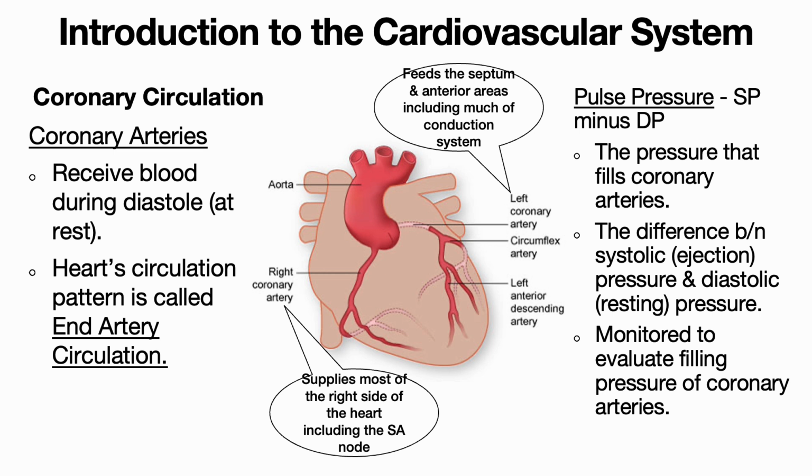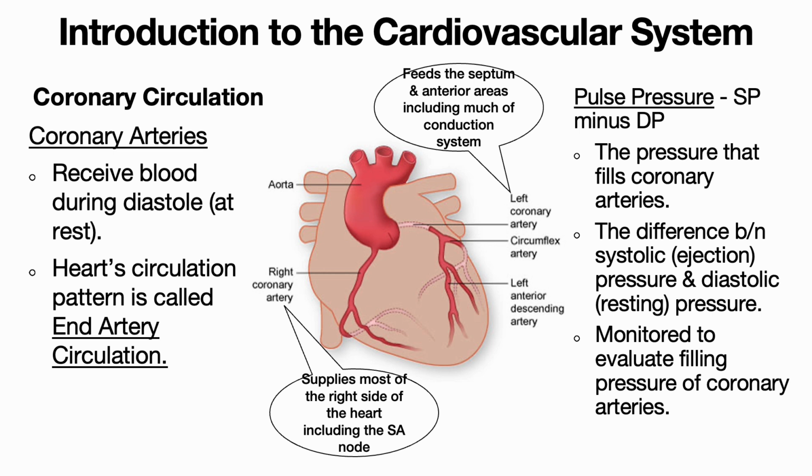So the coronary arteries receive blood during diastole, meaning to say at rest, and the heart circulation pattern is called end artery circulation. So the left coronary artery feeds the septum and anterior areas, including much of the conduction system, while the right coronary artery supplies most of the right side of the heart, including the SA node.